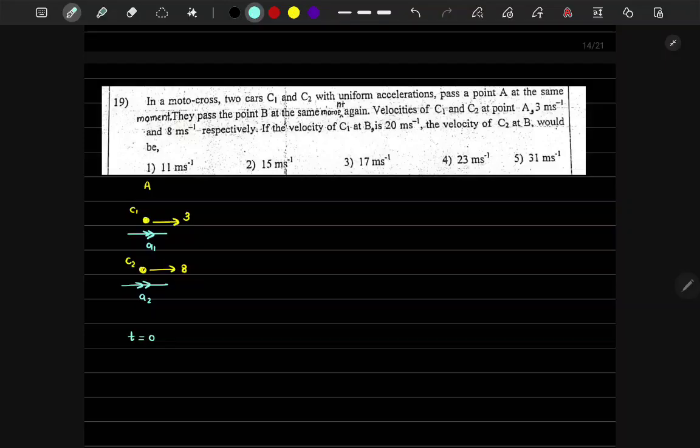So the position and the time are both same for both the objects at A and B. So they simultaneously pass points A and B. Say that it's at a time t. Now they are asking us the velocity of C2 at B if the velocity at B of C1 is 20 meters per second.